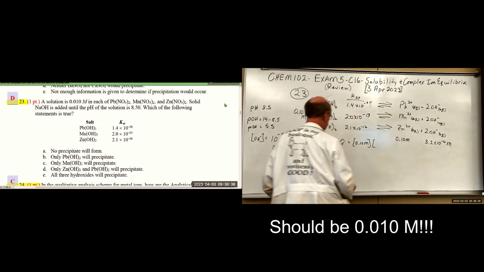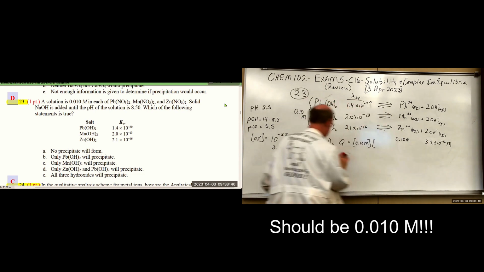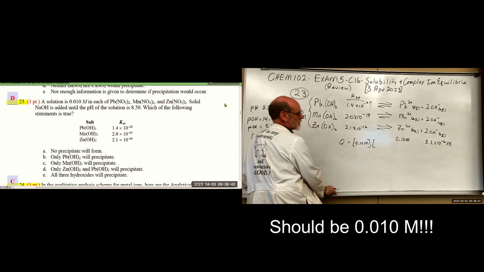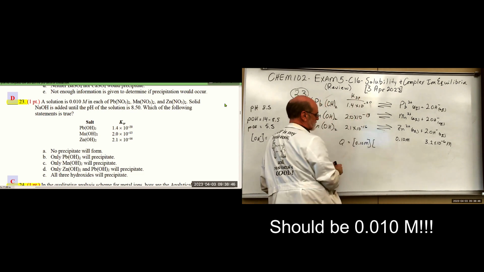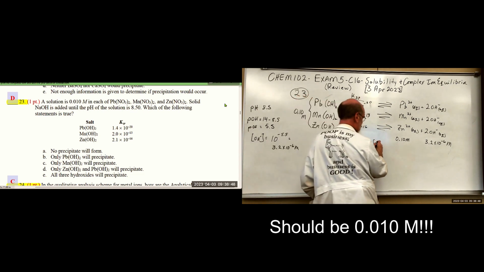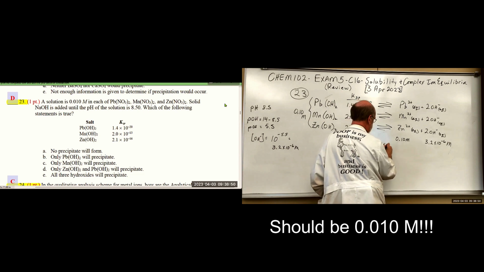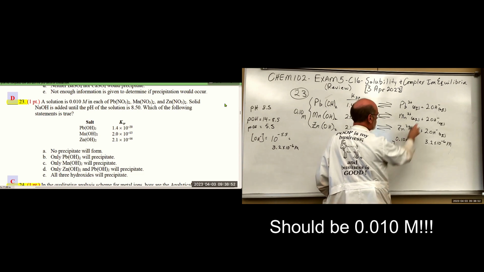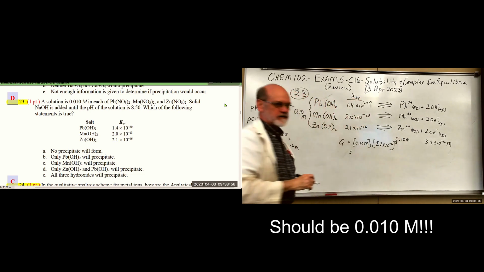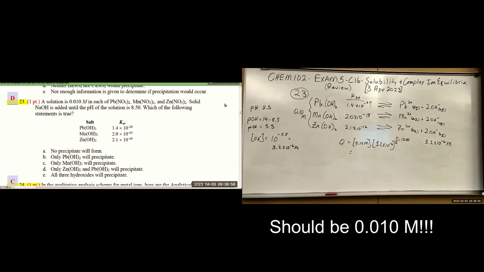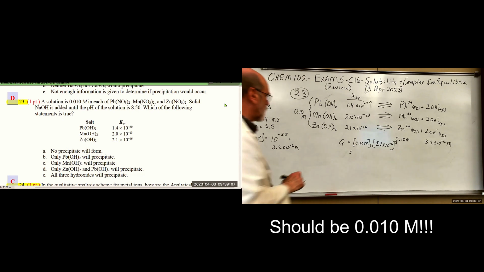Actually, it's the same for all of them, isn't it? Q is the same for all of them because they all have the same concentrations. Then we compare it to each one of their Ks. So 3.2 times 10 to the minus 6 squared, I just need to square this value and multiply it by 0.1. 1 times 10 to the minus 12.